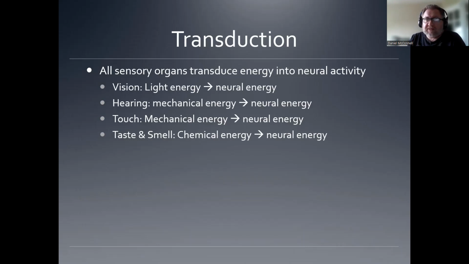In fact, one way to think about this is that the responsiveness of these particular receptors, taste buds in the tongue and the olfactory receptors in the nose of the olfactory epithelium, works a lot like neurotransmitters. So if we remember back when talking about the synapse, I compared a neurotransmitter to a key that opens a lock, and the lock is the receptor on the dendrite that only accepts molecules of a specific shape.